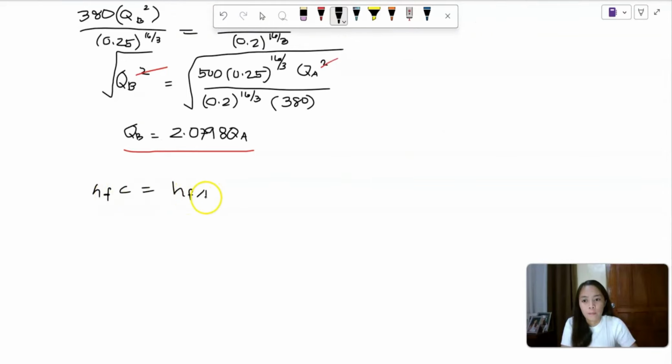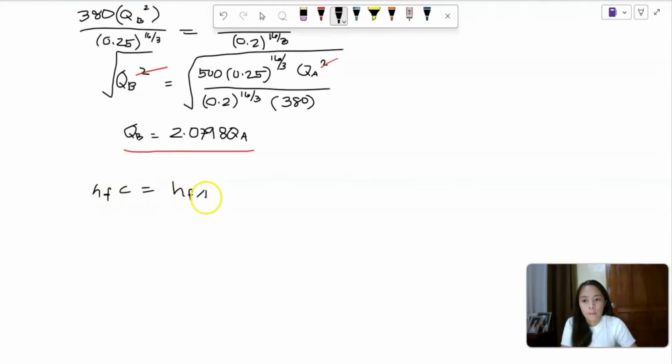So again, we will apply square root to cancel the squared. What remains on the left side is Q sub C. If we input this in the calculator, we can get 0.1381 Q sub A. So we already got an equation of Q sub C in terms of Q sub A.